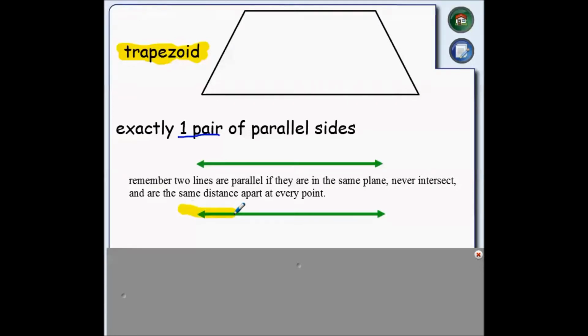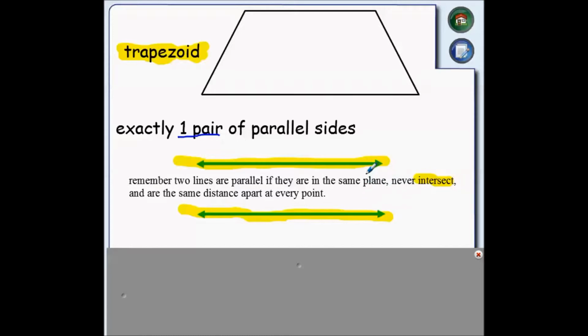in both directions, on and on forever, because that's what lines do, they go on continuously, these are never going to cross each other. That's what intersect means. So they are never going to intersect each other and cross. And they're always going to be the same distance away.